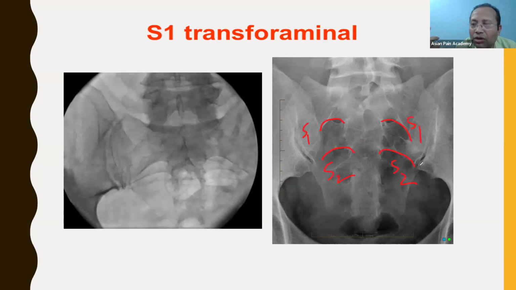We do not have any use for them because we cannot go through the anterior side. So you see the left side picture, you will understand very nicely. You can see the anterior foramens. So where are the posterior foramens? These are the posterior foramens.